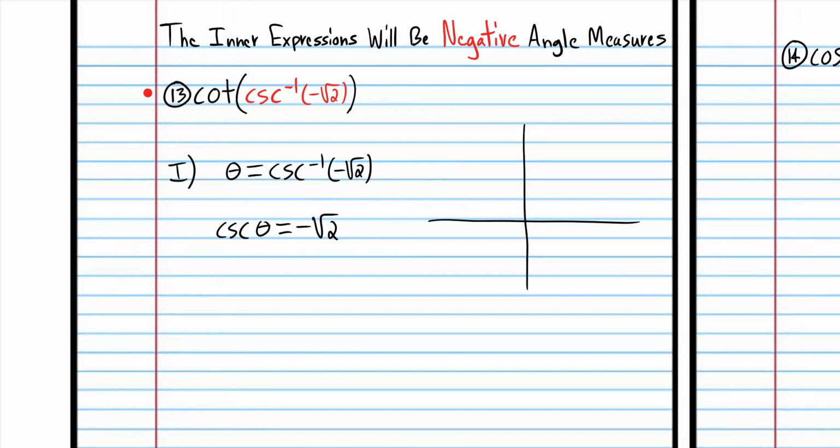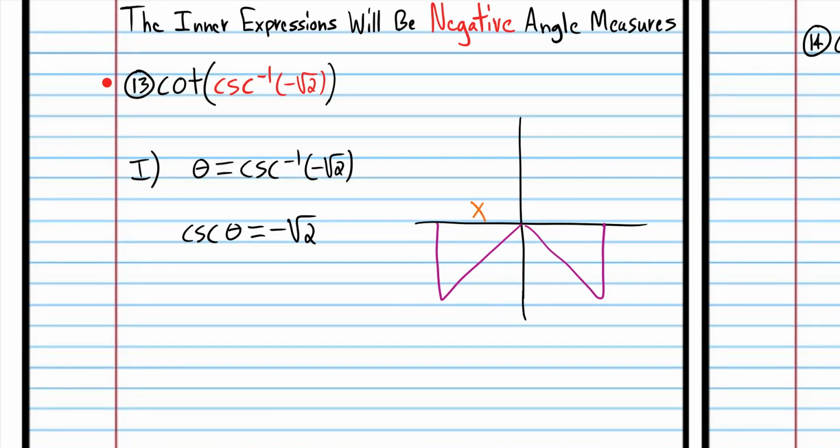So cosecant is negative in the third and the fourth quadrants. You probably recognize this as a 45, 45, 90 degree triangle.